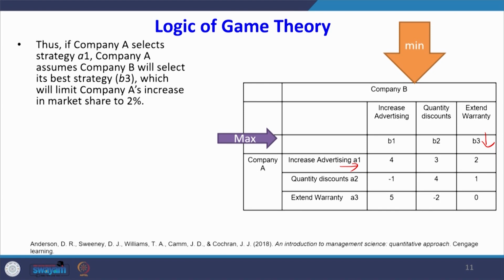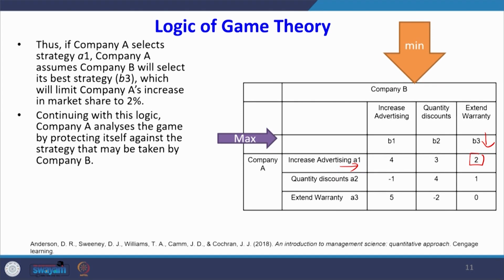Company A assumes company B will select the best strategy B3, which will limit company A's increase in market share to 2%. So, player B will try to limit the gain of company A, that is, limit it to not more than 2% gain.